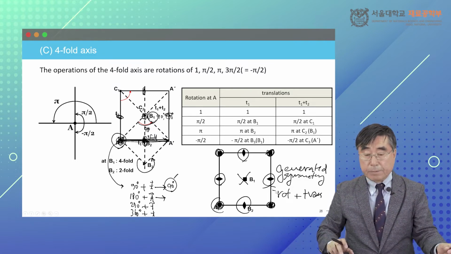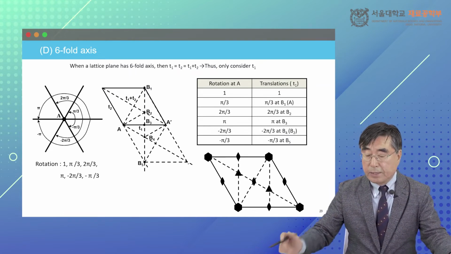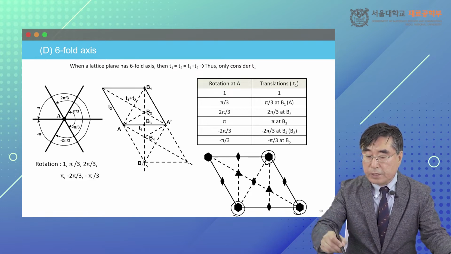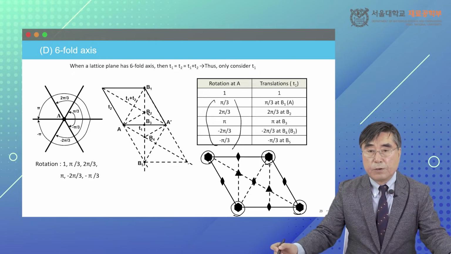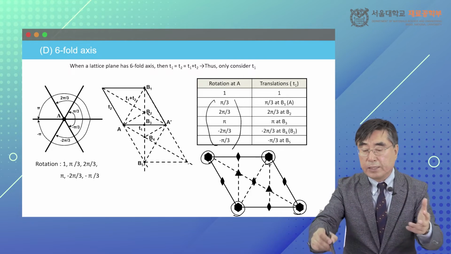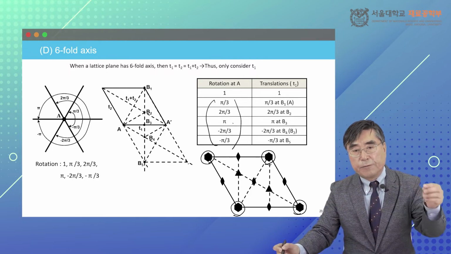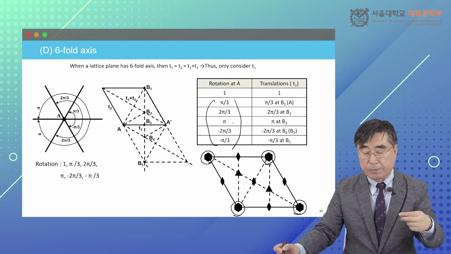Okay. These are sixfold plane nets. Again, there is a lattice point, there is a lattice point, there is a lattice point, there is a lattice point. For each rotation angle of 60 degree, 120 degree, 180 degree, you do the translation and you find out where the extra symmetries are developed.